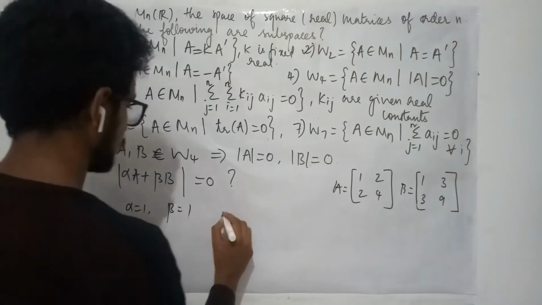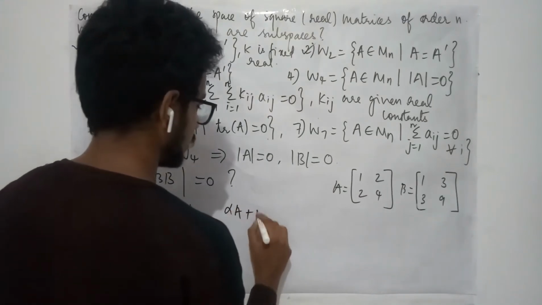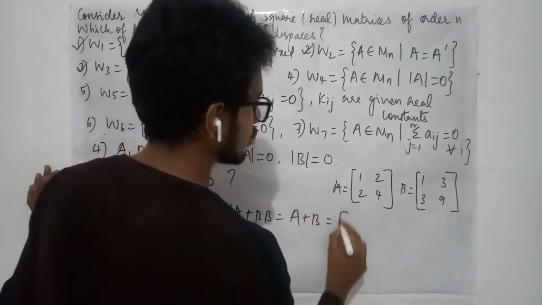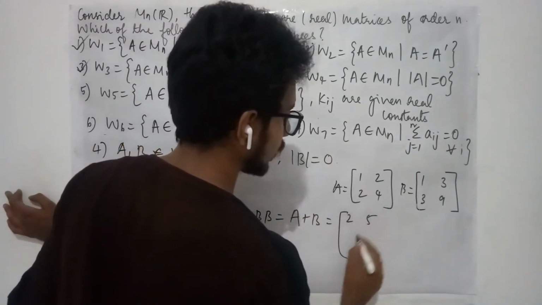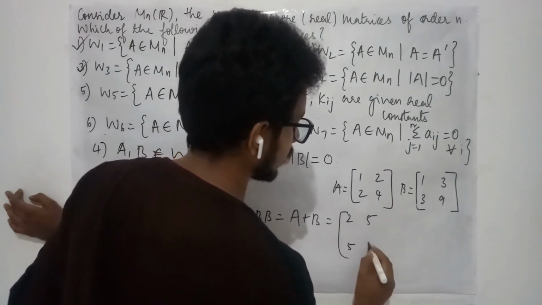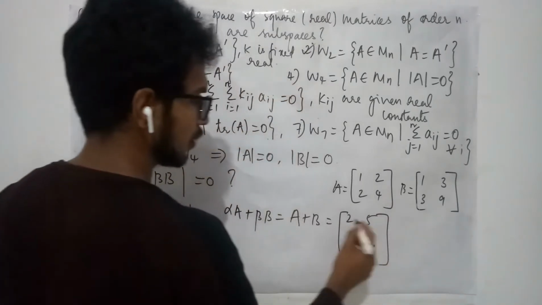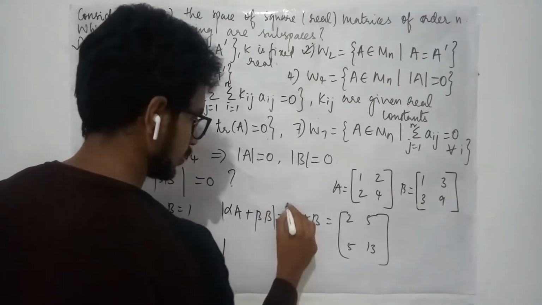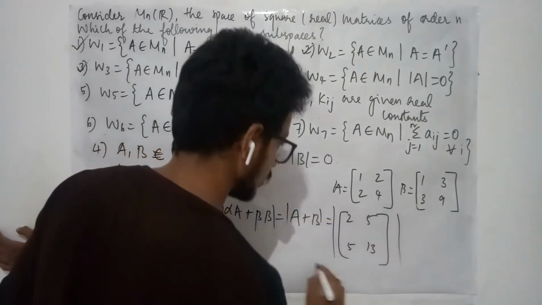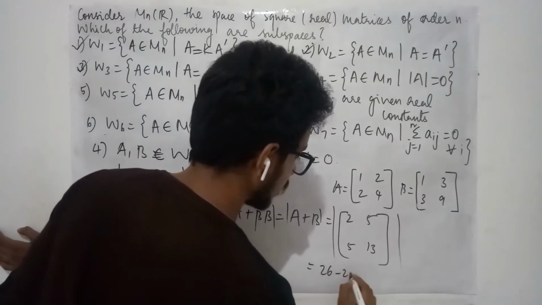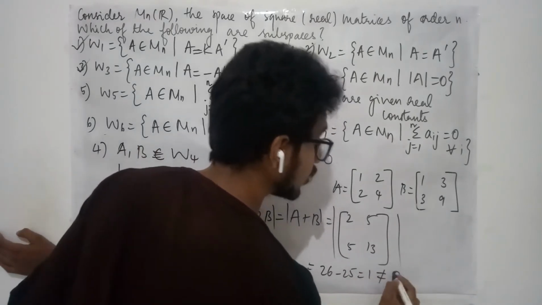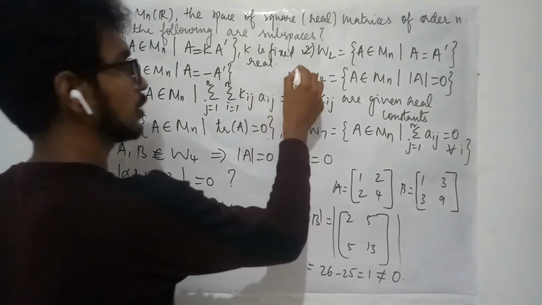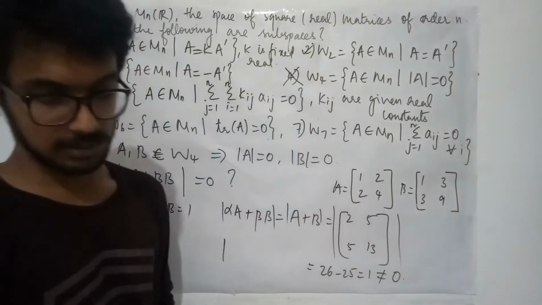So alpha A plus beta B is simply A plus B. When you add these two matrices, what will you get? It is 2, 5, 5, 13. When you find the determinant of this, you will get 26 minus 25, which is 1, not equal to 0. So it is not satisfying the required condition, therefore it is not a subspace.